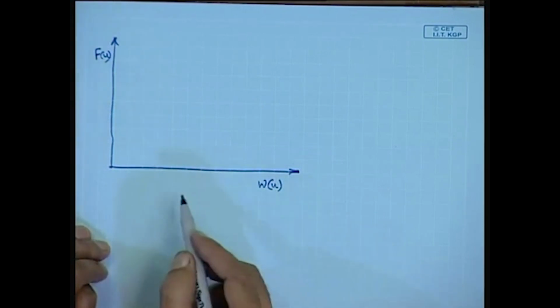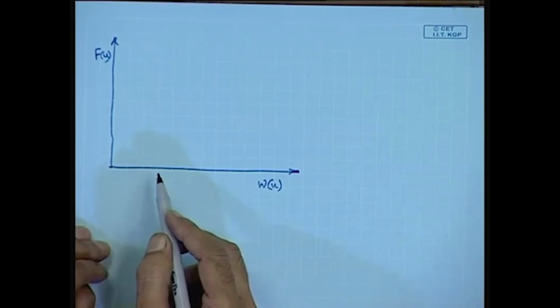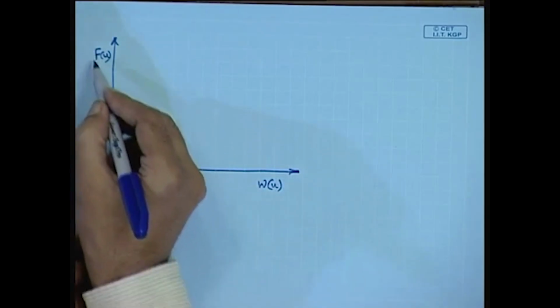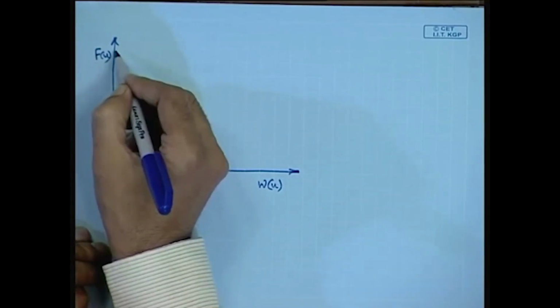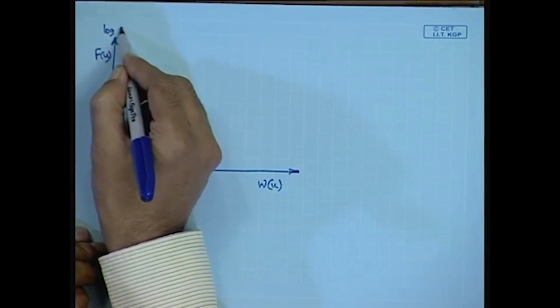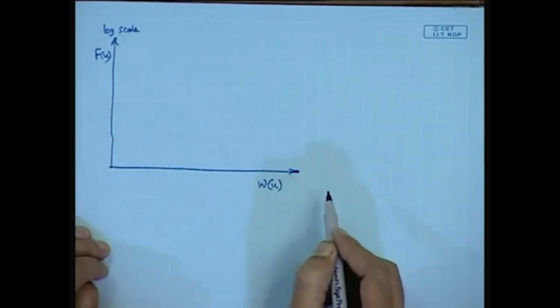In this figure, F(u) is on a logarithmic scale, and W is also on a log scale.